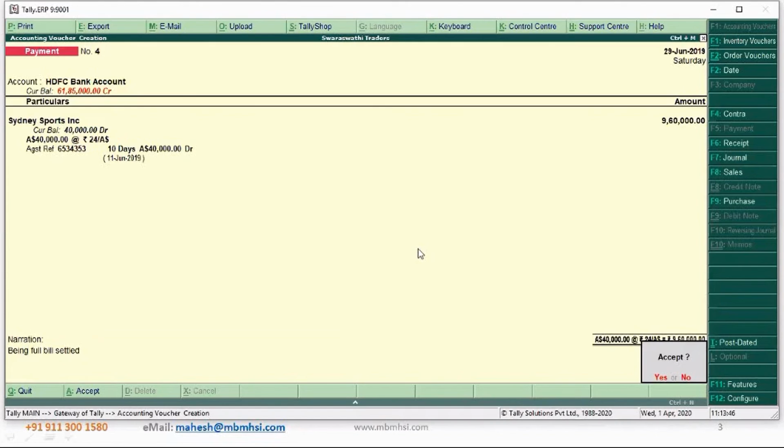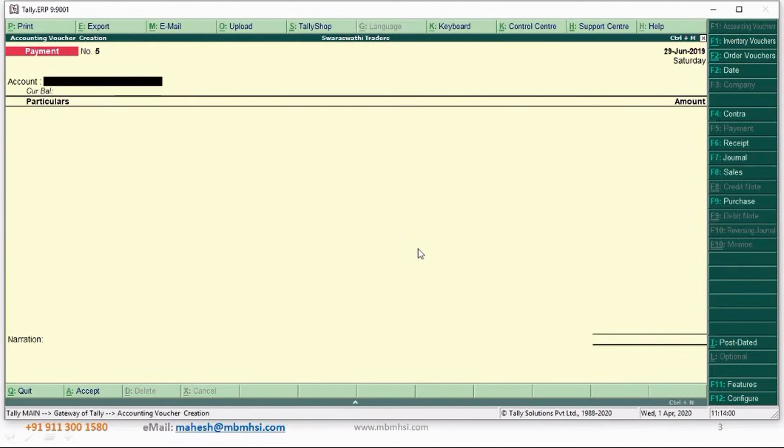So $60,000 I have paid at 23 rupees, and $40,000 I am paying at 24 rupees. Still I have not done the foreign exchange gain or loss entry. Now let me just pass this entry.